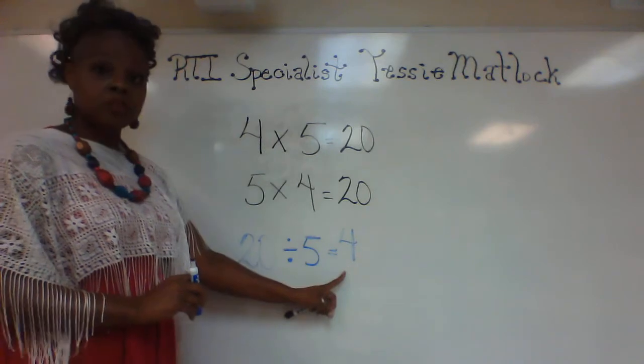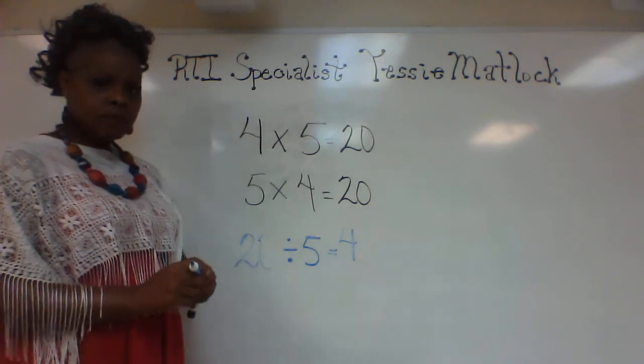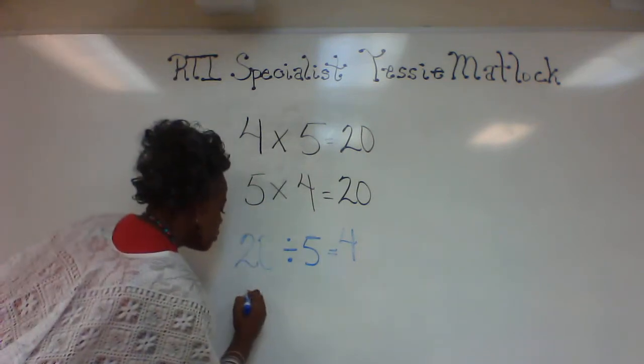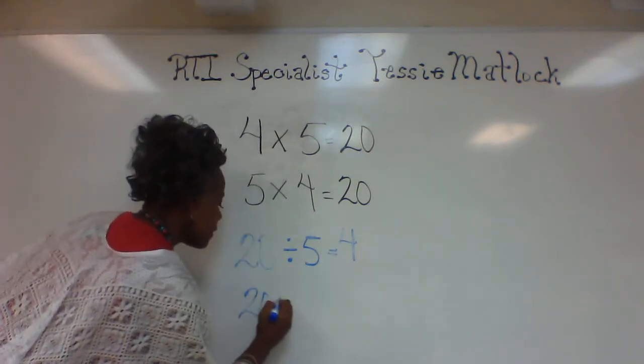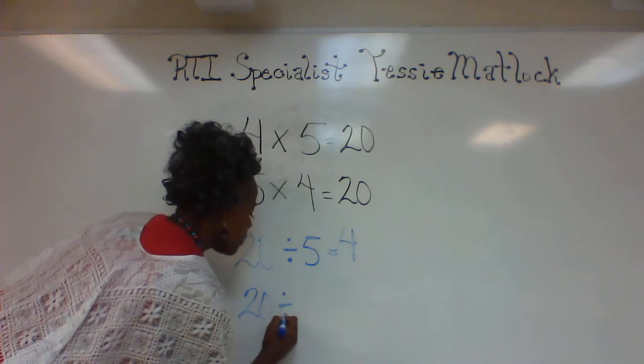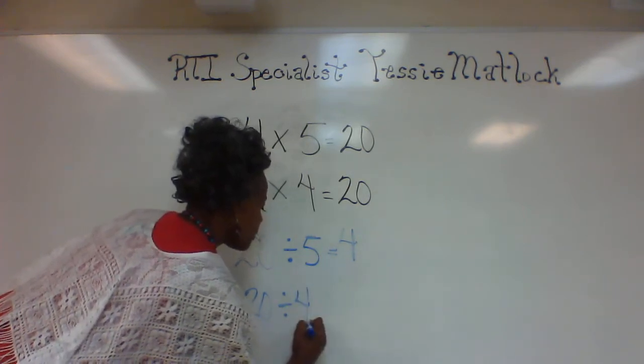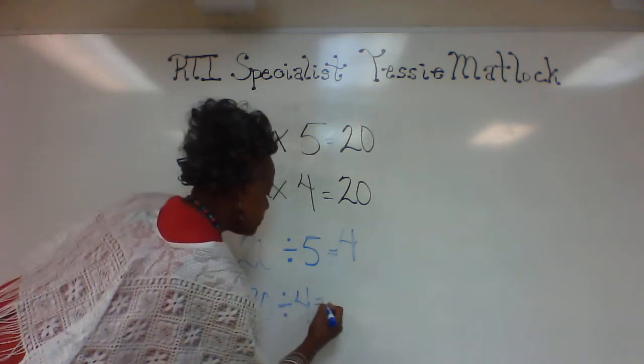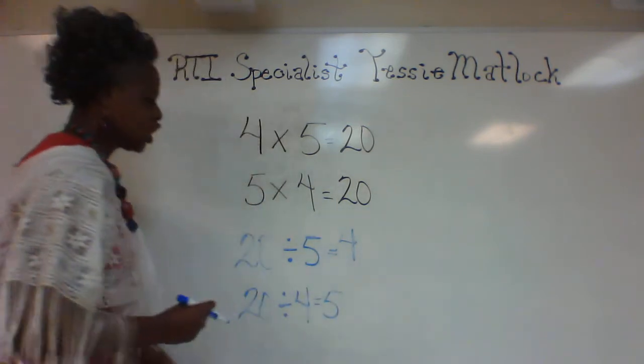This is the quotient. Okay? And this can be written like so. 20 divided by 4. All right? Equals 5.